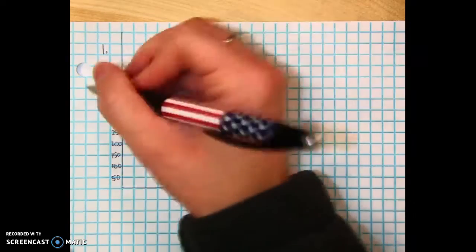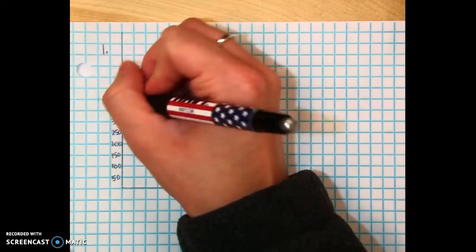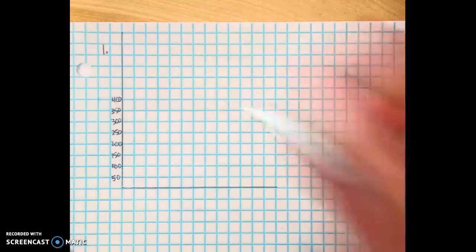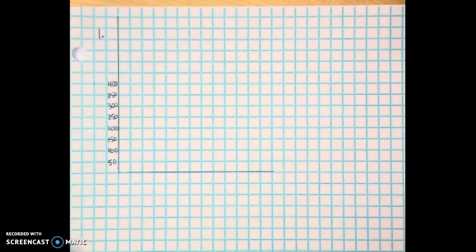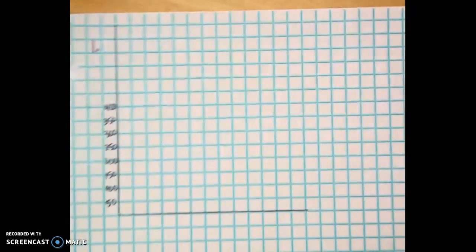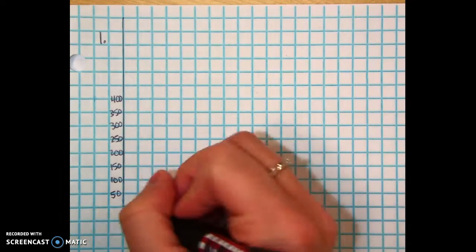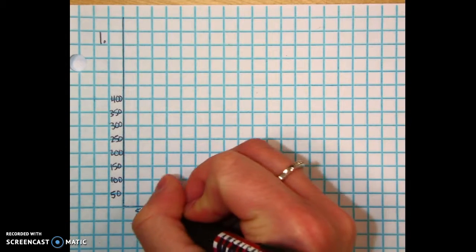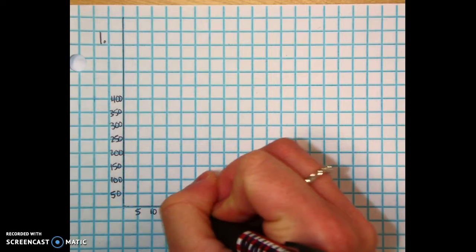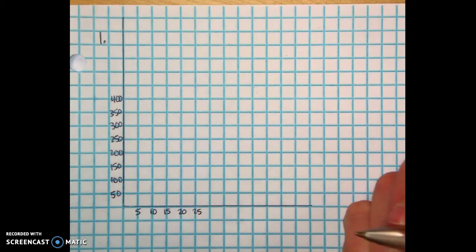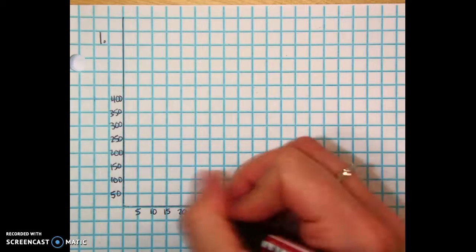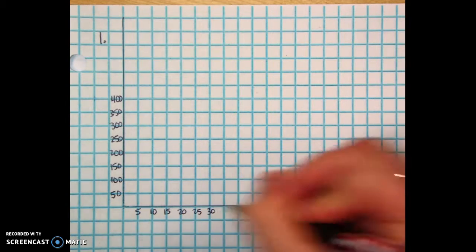Well, our highest number is going to be 350, so let's go one above it. So let's go to 400. And then on the x-axis, we go by 5s. 5, 10, 15, 20, 25, and our x-intercept was 25, 0, so let's go one more. So let's go to 30.